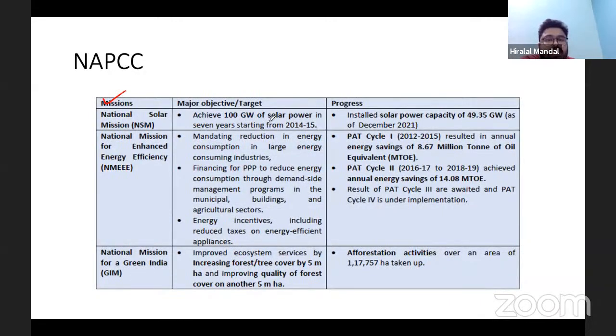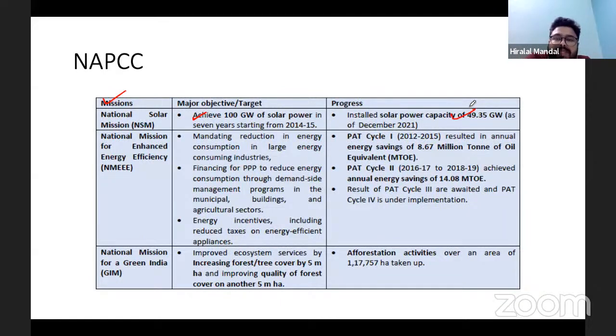National Solar Mission, that is the first. India has set a target of 100 gigawatt of solar power projects in the next 7 years, starting from 2014-15. As of the end of December 2021, we could achieve a solar power capacity of 49.3 gigawatts.